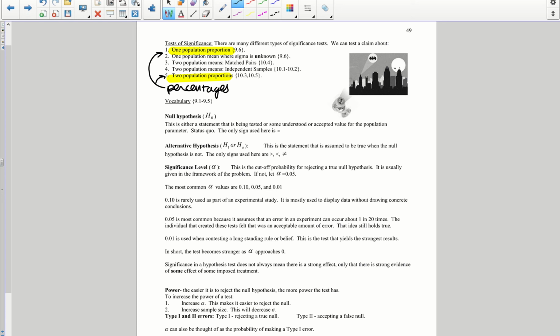So the vocabulary that comes into play, this is universal no matter what type of hypothesis test you're dealing with. You have a null hypothesis and then you have an alternative hypothesis. It's one or the other. It's either the null or the alternative.